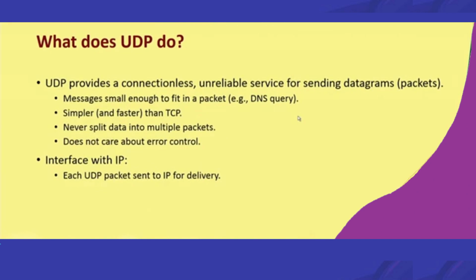Now, UDP is a simpler version of TCP, which is basically quite similar to what IP is, just a little thing extra beyond IP. You see, UDP does not provide any kind of reliable connection. So, what UDP says is that it provides a connectionless, unreliable, just like a datagram, for sending datagrams.